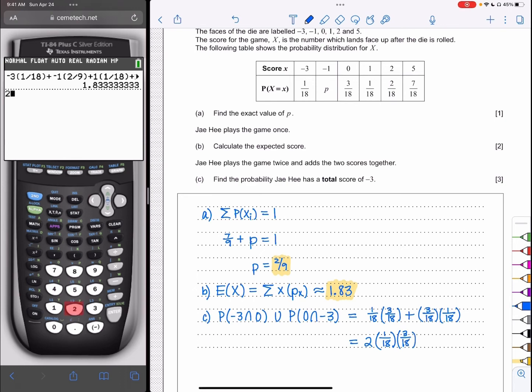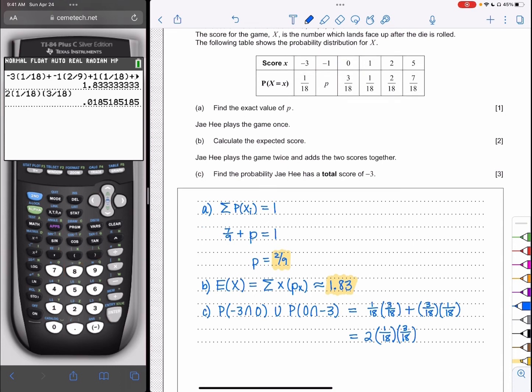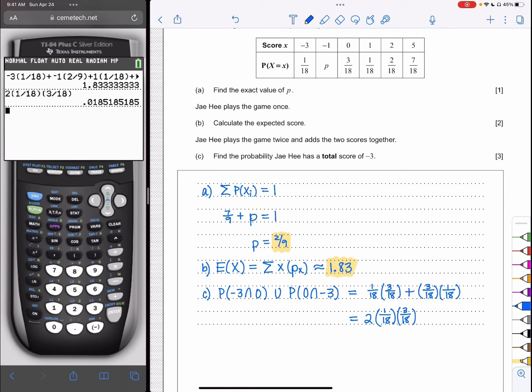All right, so if I have 2 times 1 over 18 times 3 over 18, I end up getting... and if I want to put it exactly, I can put it as a fraction. So I'm going to hit math, enter. That'll be 1 over 54.